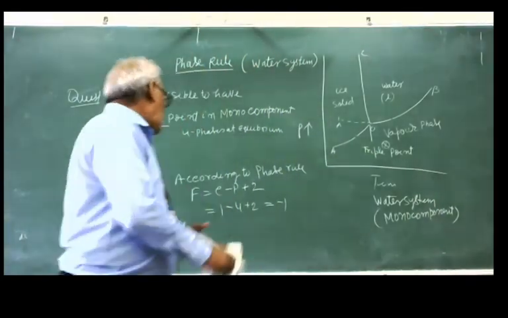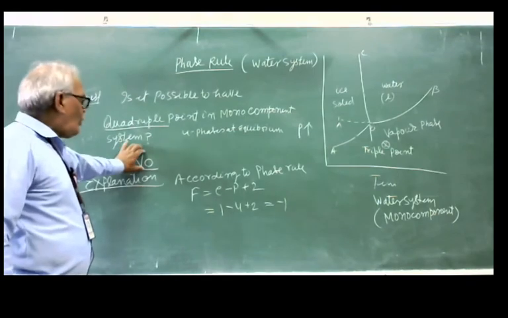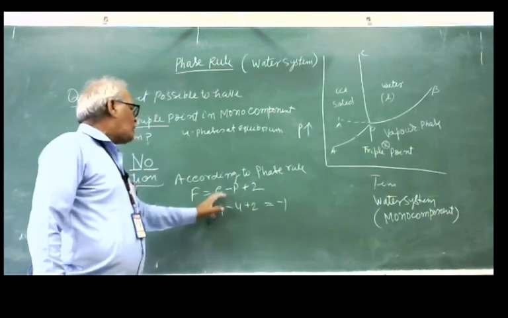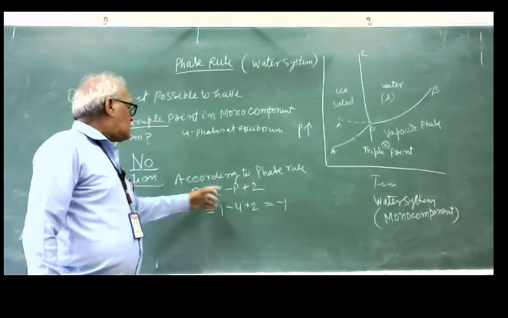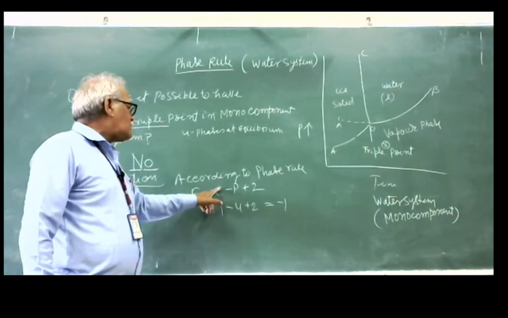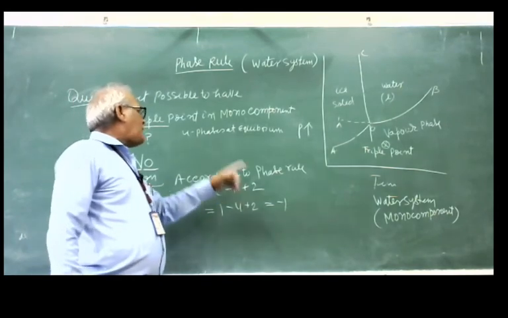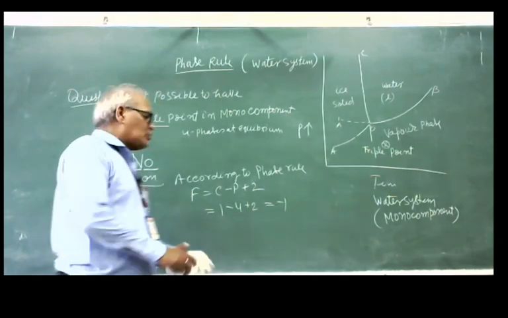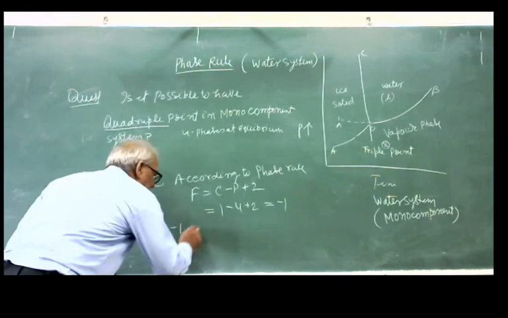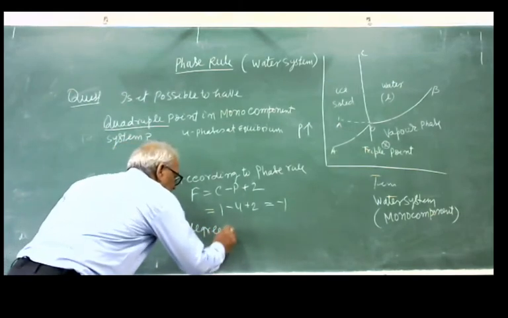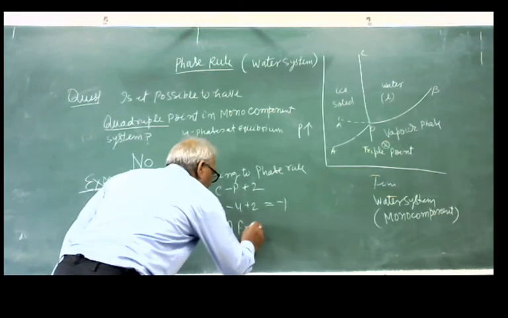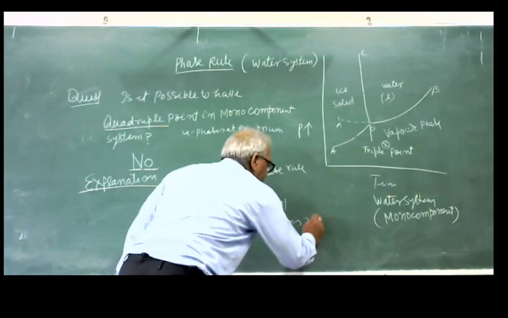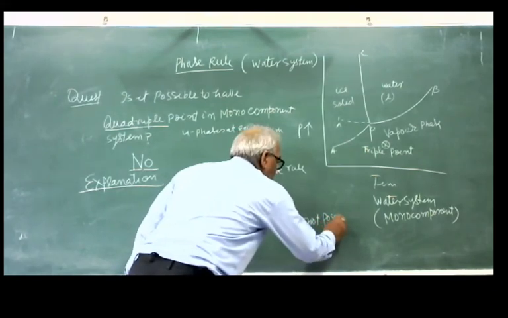So I say the answer is no, because according to the phase rule F is equal to C minus P plus 2, the number of components for a monocomponent system is 1, and the number of phases for a quadruple point is 4, so the degree of freedom will be minus 1. Minus 1 degree of freedom is not possible.